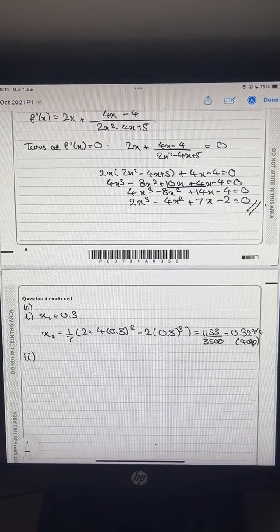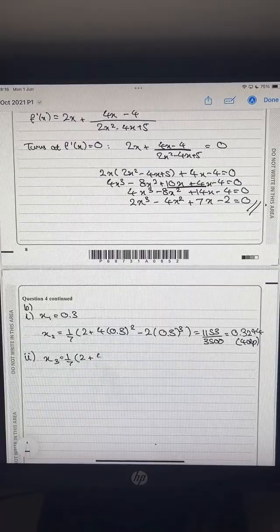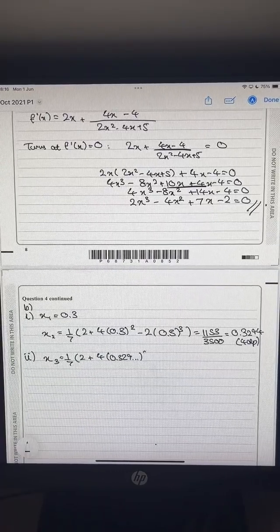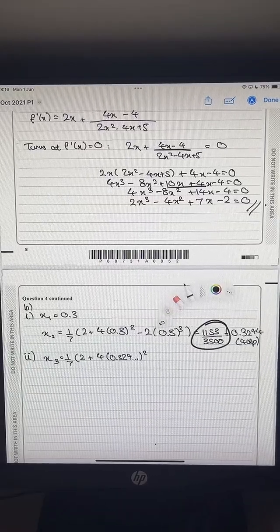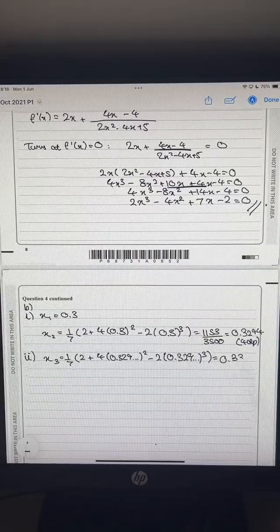And then for part 2, they need me to find x4. So x3 is going to be equal to 1/7 of (2 plus 4 times 0.329... minus 2 lots of 0.329... cubed). I'm not going to write the full thing. You can just do dot dot dots in your exam as well, or write the exact answer. And then for this one, I get 0.3375 and so on. I don't need to round it because they don't want this as an answer.